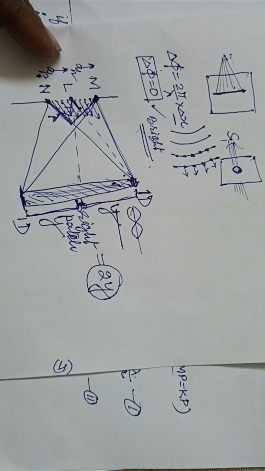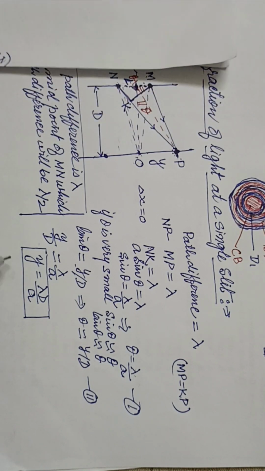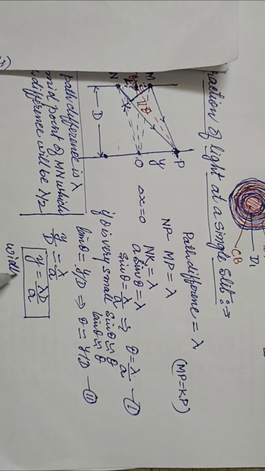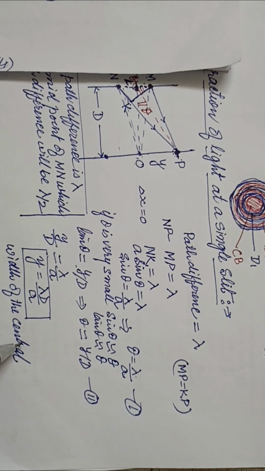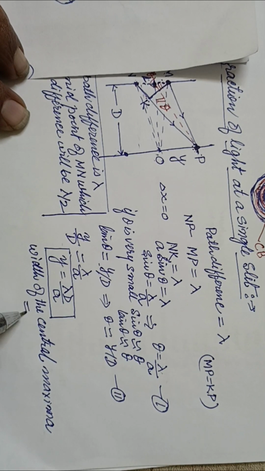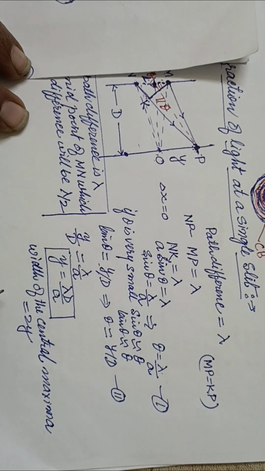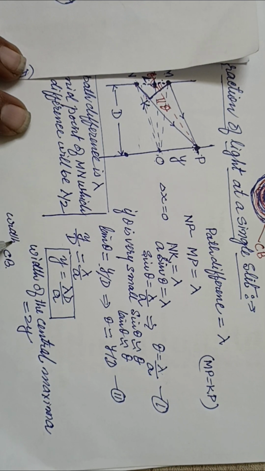The width of the central maxima is 2y, so the width of the central bright fringe will be 2 lambda D upon a.